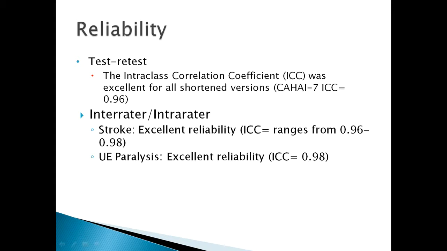The reliability for the Chedoke, however, has been found to be excellent overall. The test-retest ICC score was excellent for all shortened versions, specifically with a .96 for version 7. The inter-rater and intra-rater scores were also excellent for stroke, with ICC scores ranging from .96 to .98, and upper extremity paralysis was also excellent with an ICC score of .98.